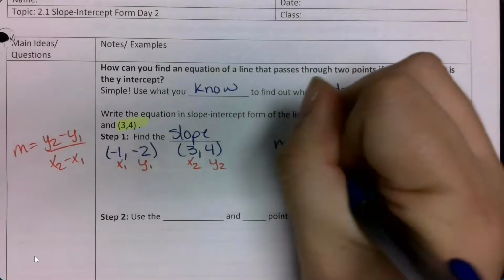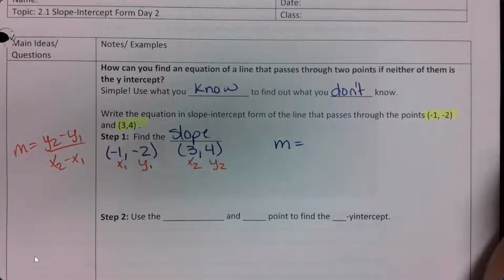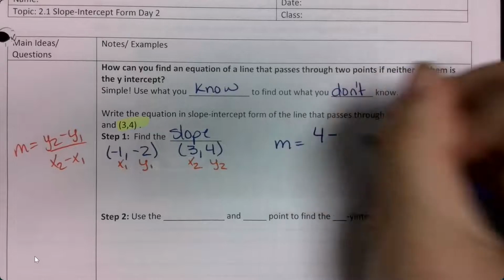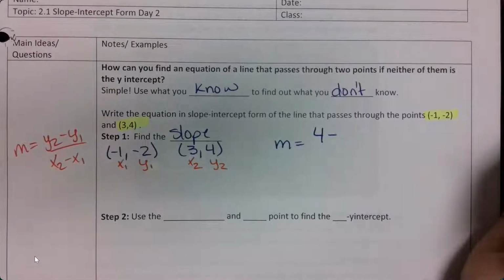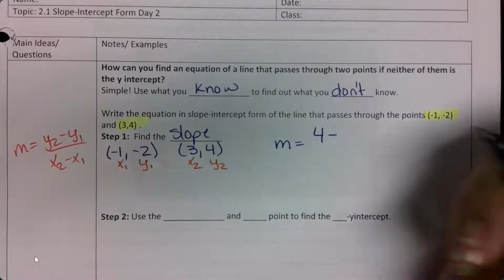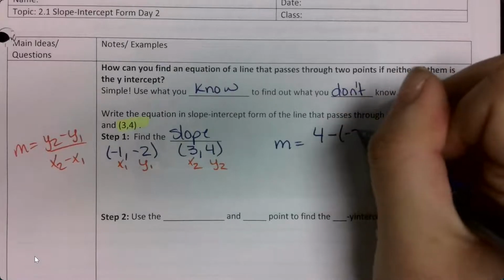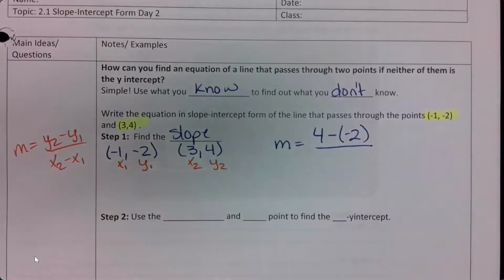So plugging into my slope formula, what's my y2? Try again, you're close. 4. What's my y1? -2. So I have minus -2 because I have the minus from the formula and the negative from the 2.